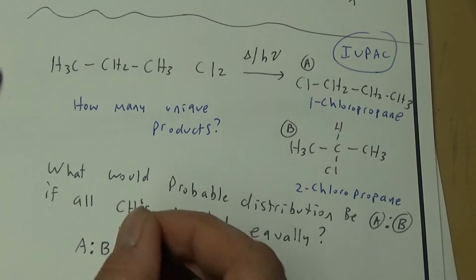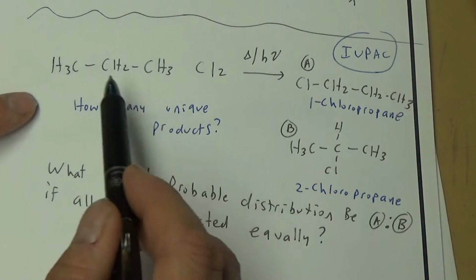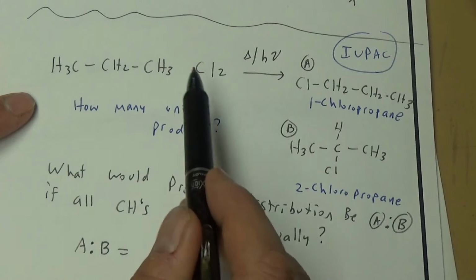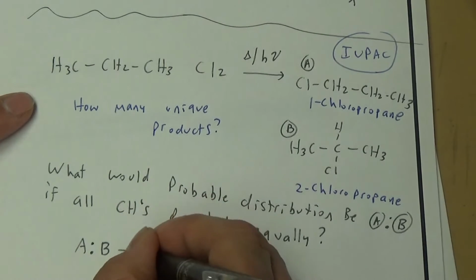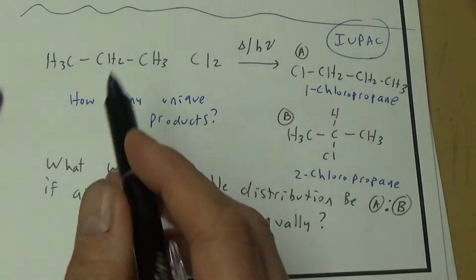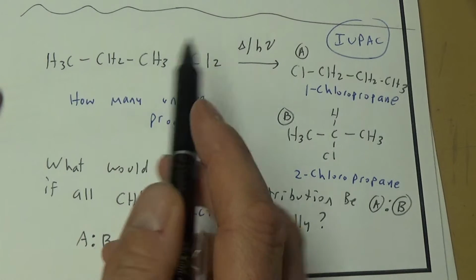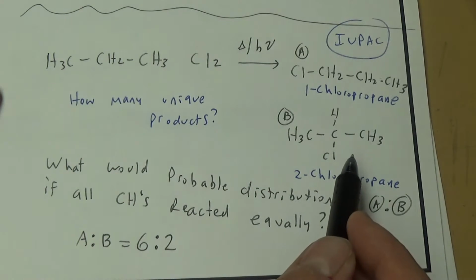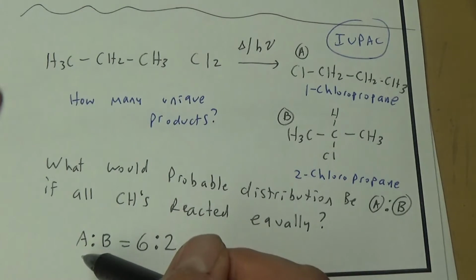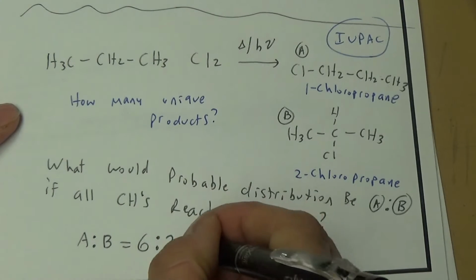The answer is, it looks like there's 6 hydrogens on the outside that would give rise to product A, right? 3 there, 3 there. So it would be 6 to 2, because there's 2 hydrogens that if they were replaced with chlorine, would give rise to product B. So we have 6 that would give rise to A, and 2 that would give rise to B, and of course that's the same as 3 to 1.